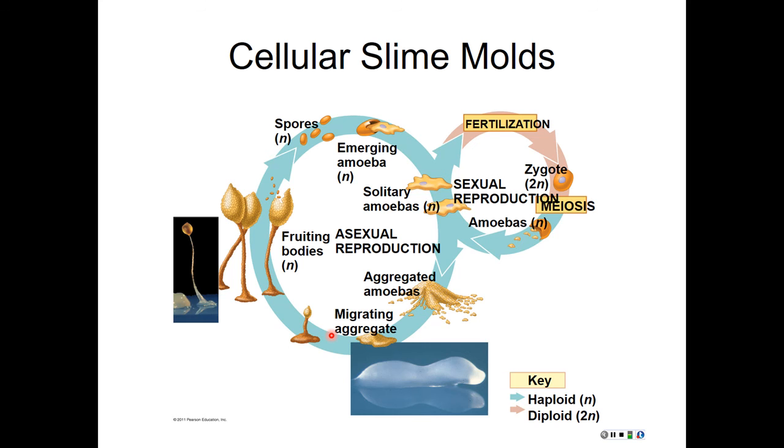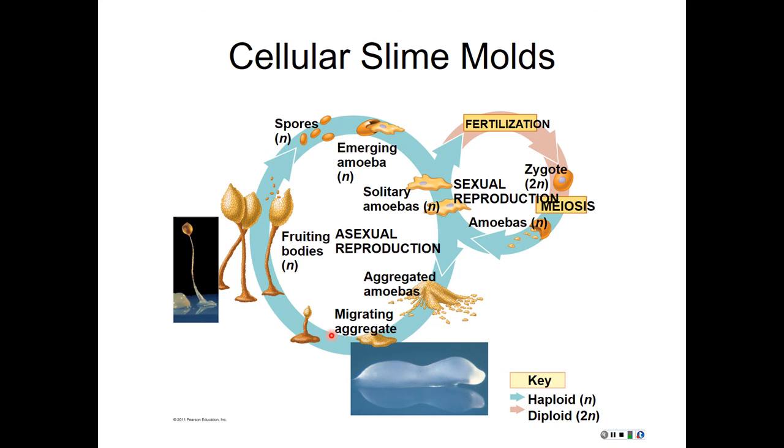And these spores can do a couple different things. We can actually get asexual reproduction, but we also can get sexual reproduction where two individual amoebas fuse and then divide to produce new genetically unique amoebas. So let's look at this for a second.